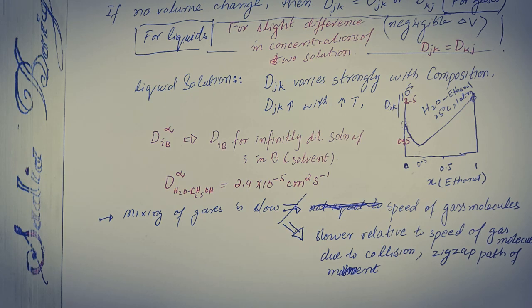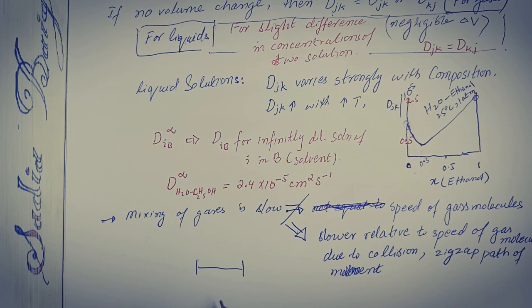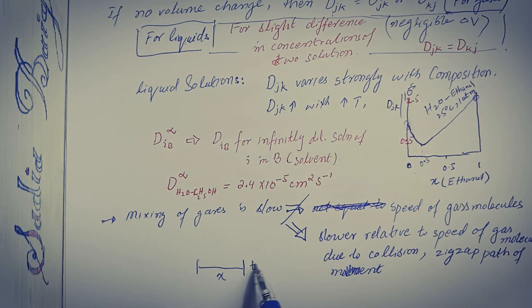So how can we describe the phenomenon of how far, on average, a molecule can move in a given time interval?